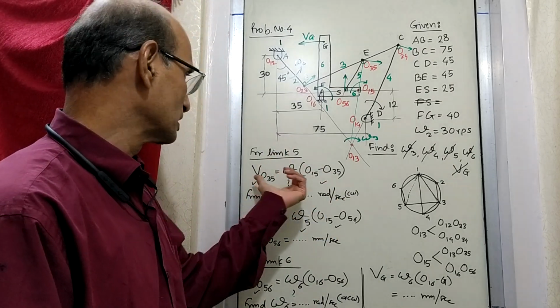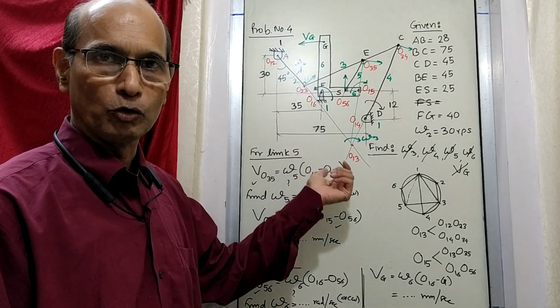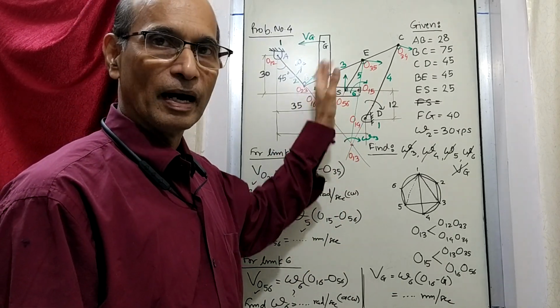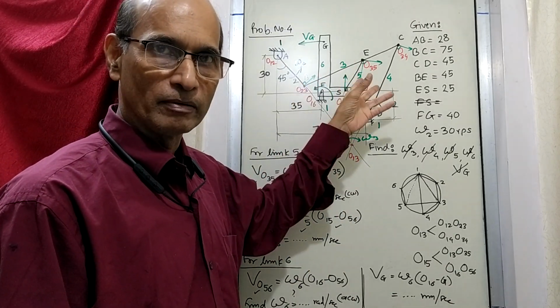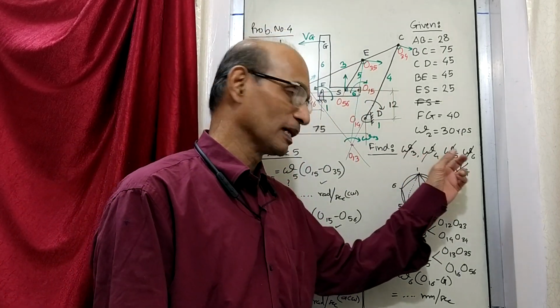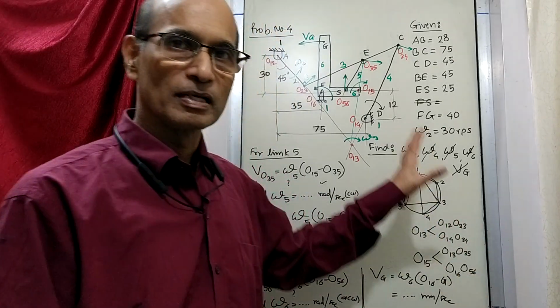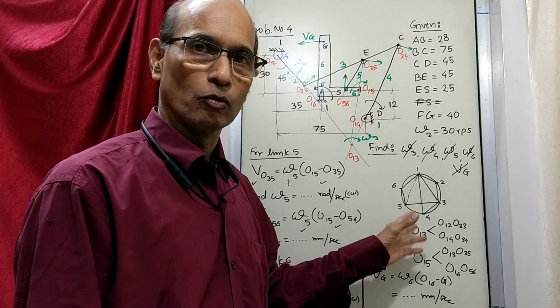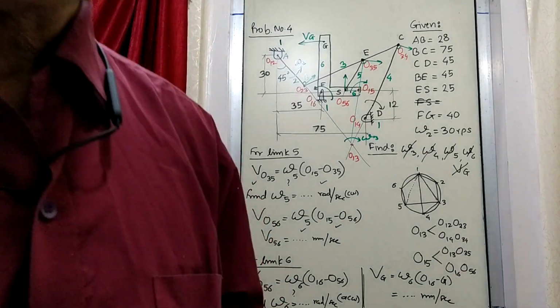The basic formula still remains the same. V is equal to r into omega, and we find out the velocities and angular velocities one by one, and according to that we get all the different answers that are asked. Okay, so try to understand this problem very well, then you will be able to solve such problems on your own.